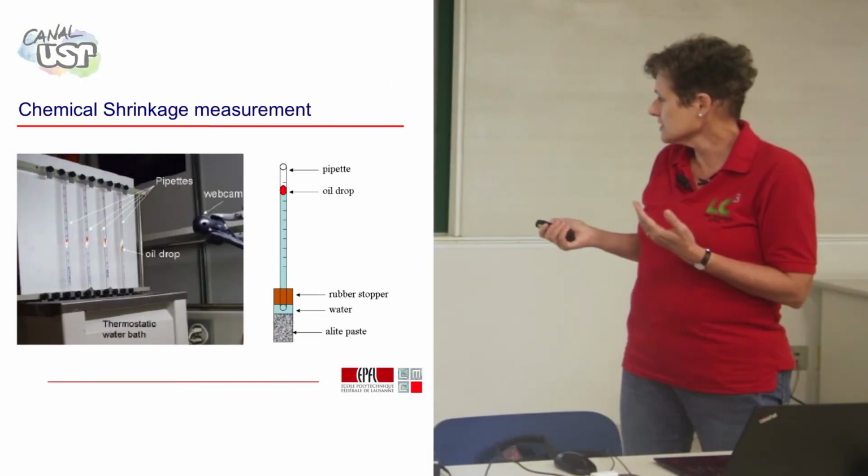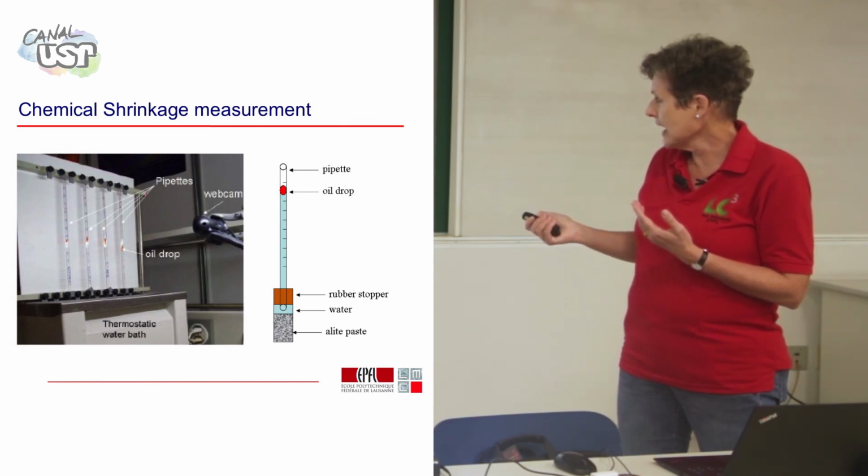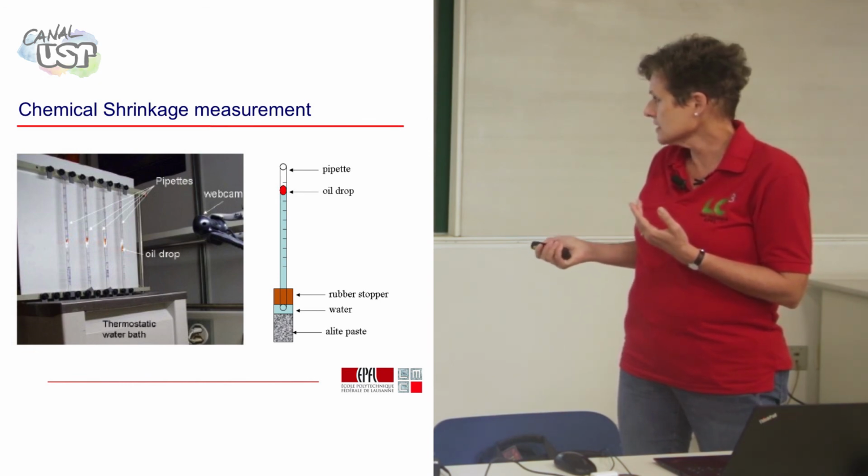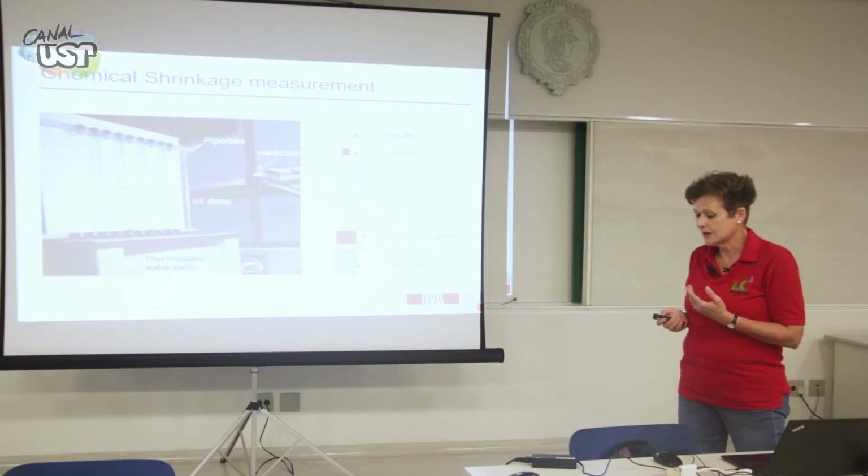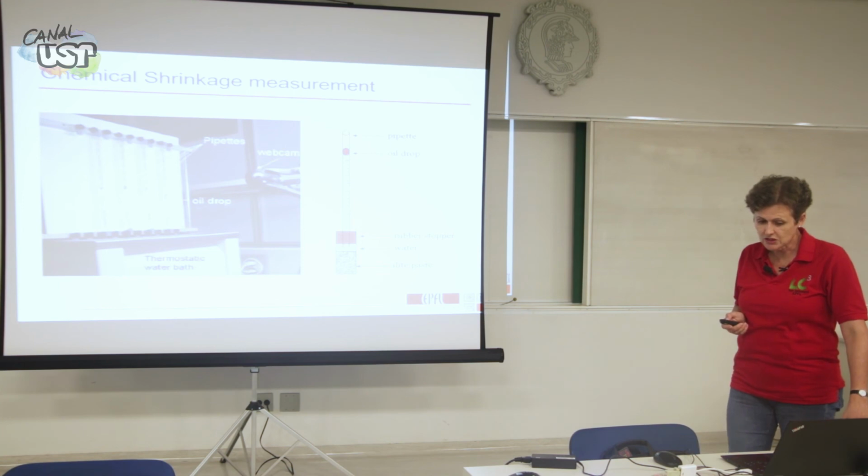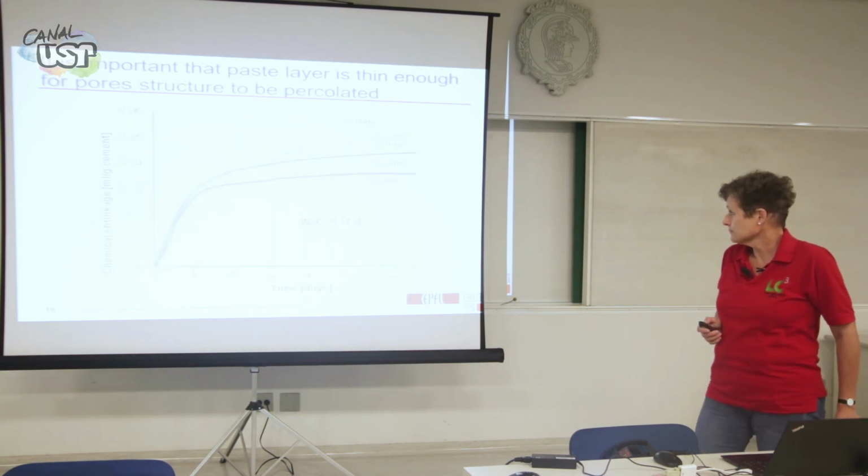And then you have this capillary, so the whole system is sealed. There's water continuously up to here, and then as the volume is decreasing due to the hydration, this water is sucked into the sample and the height of this orange drop is going down. And you can then use that to continually follow the hydration.